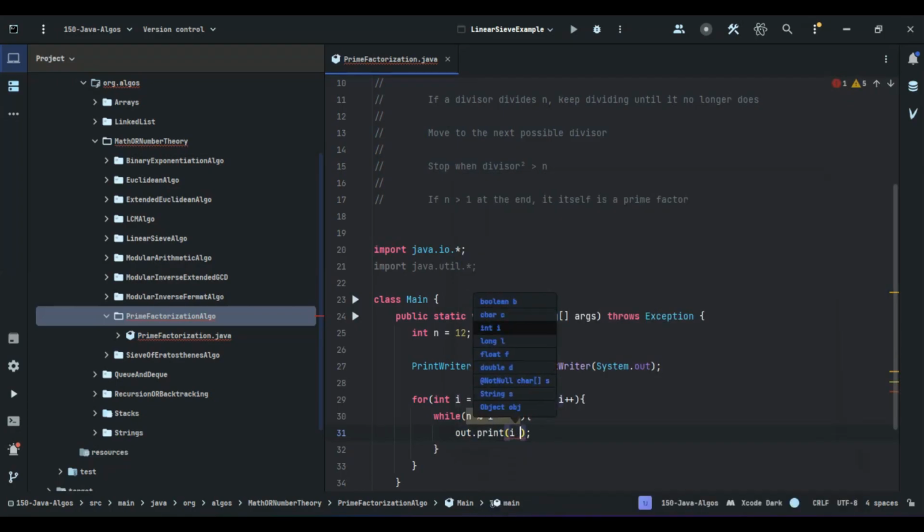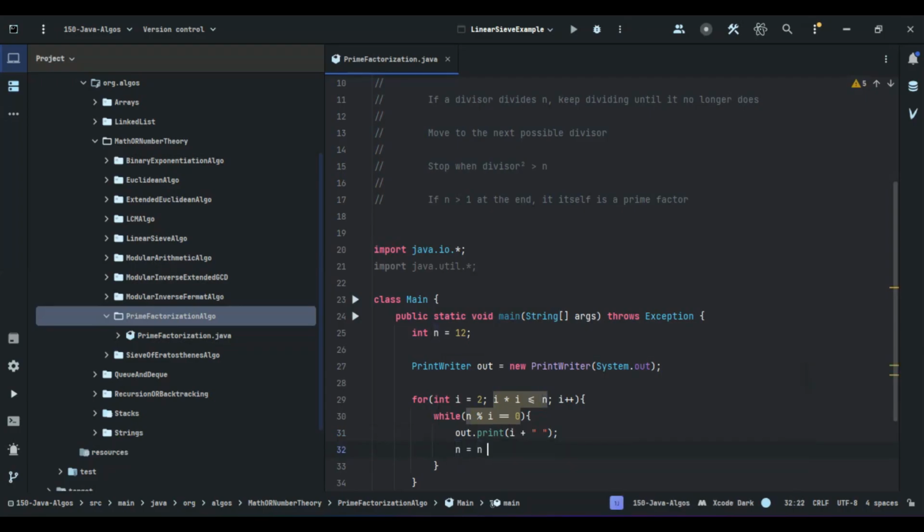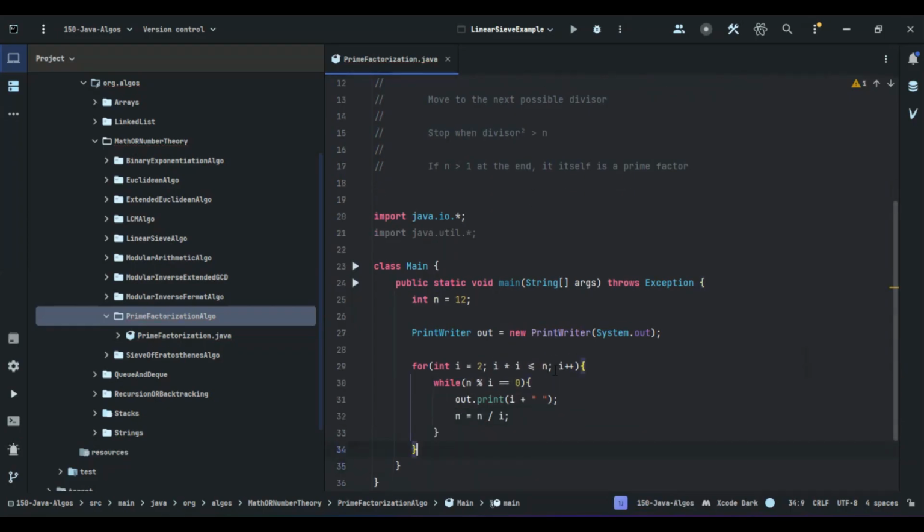What shall we print? i, followed by a space so that this looks good. Now after printing the prime factor, we have to reduce n by dividing with i according to the algorithm. So I'll assign n to n by i. It's as simple as that. Let me come out of this loop.